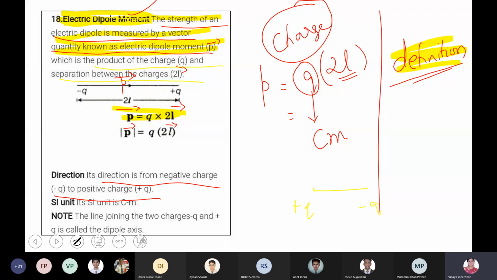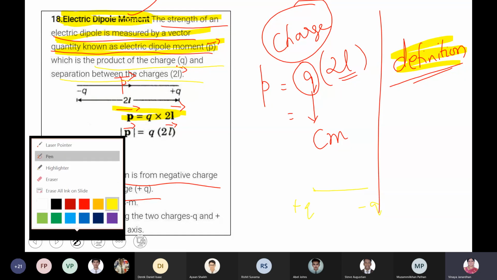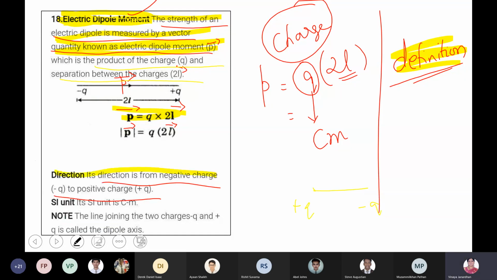It is a vector quantity because charge is not a vector quantity, which means the distance you measure between the charges is a vector quantity. Vector quantity means it is direction dependent. So the dipole moment will be pointing from the negative charge to the positive charge. The direction is from negative to positive charge.